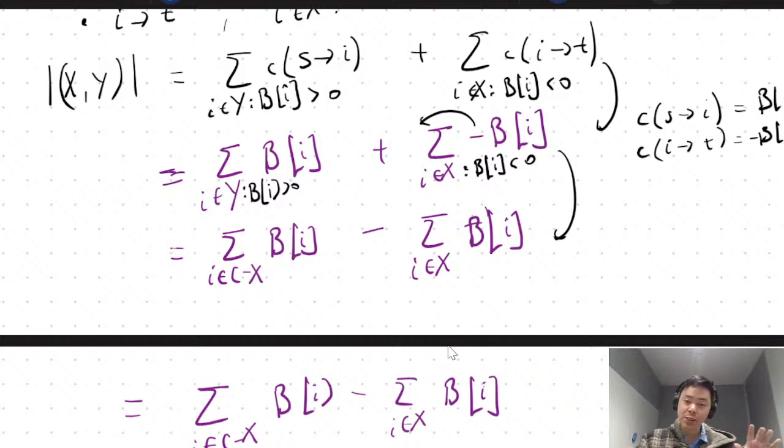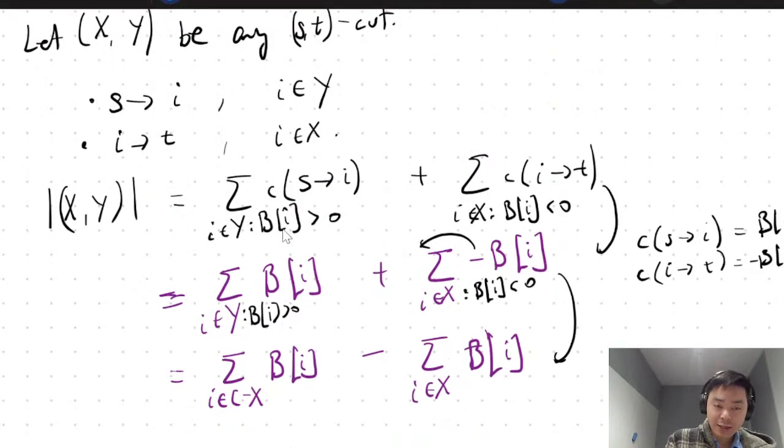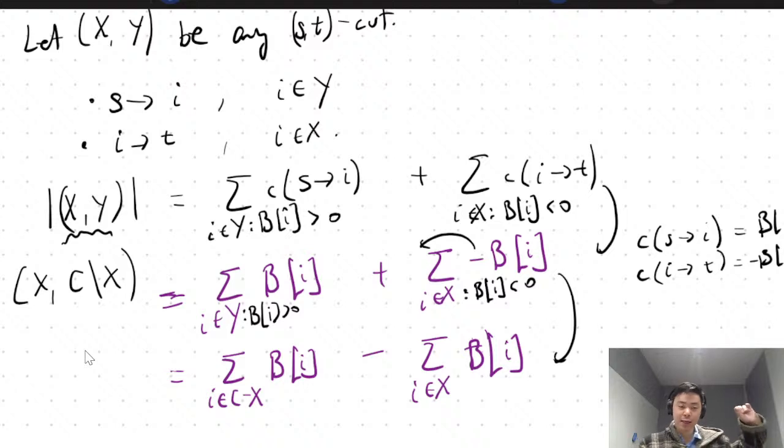And so now we can start to think about the definition of a cut. By definition of a cut, really the X to Y here means X and C minus X. So everything on my source side plus everything that's not on my source side.